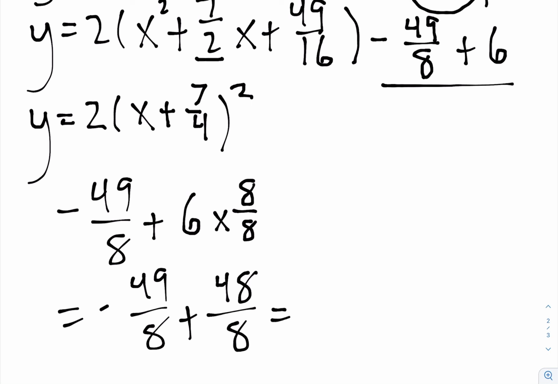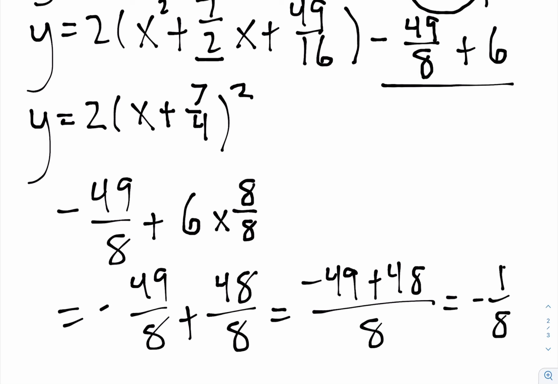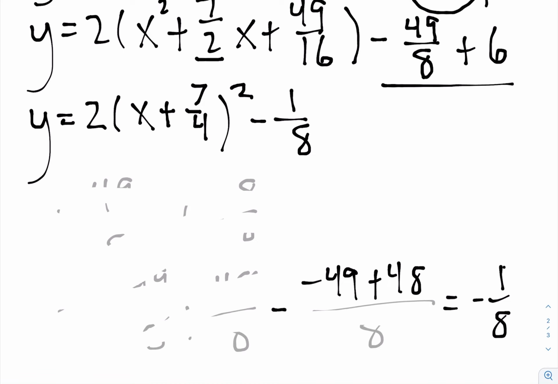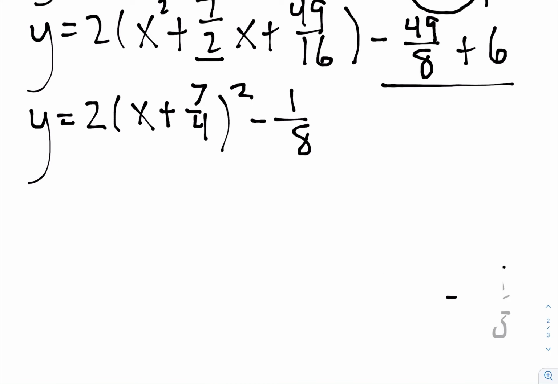Okay, and negative 49 over 8 plus 48 over 8 is going to give us negative 49 plus 48 over 8. So this is going to be negative 1 over 8. So that's essentially what we have on the outside now. And we have our vertex form for this equation. We just completed the square, so now we can analyze where the vertex is going to be.